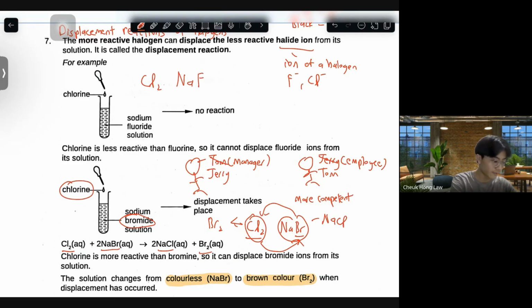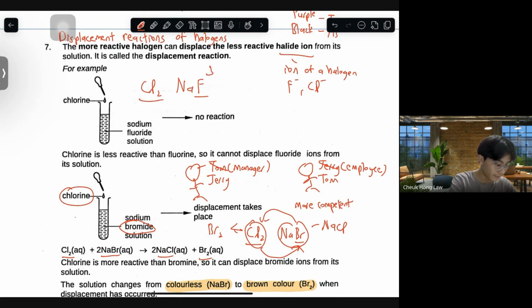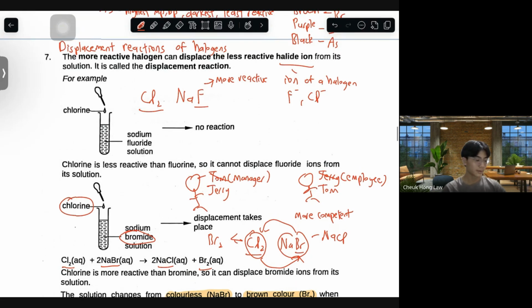Now let's look at the first example, which is chlorine and sodium fluoride. You have chlorine here and fluorine here. Fluorine is actually more reactive than chlorine. So since chlorine is less reactive, it is unable to displace the fluoride ions.